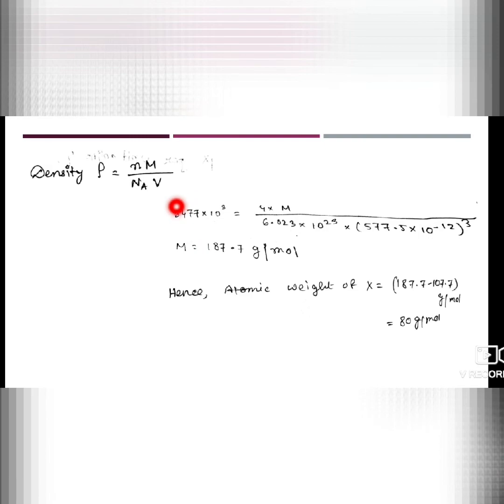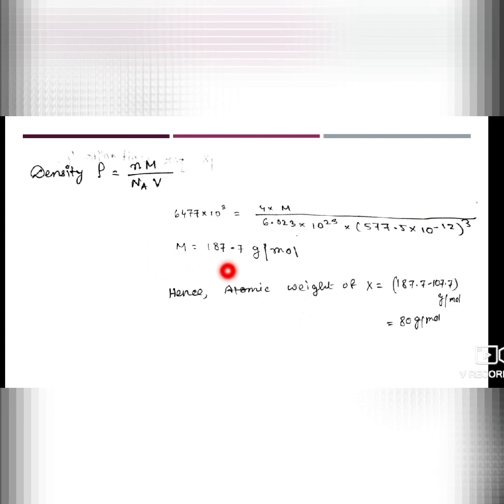We are converting it to 6.477 gram per centimeter cube, that's why we are multiplying by 10 to the power 3, and the volume is 577.5 into 10 to the power minus 12 whole cube. Then from this equation you can calculate the value of M.